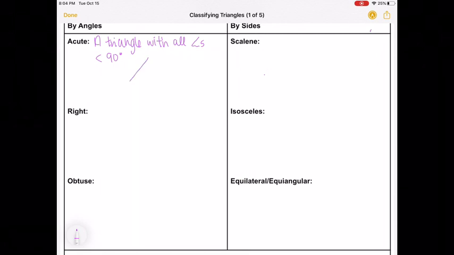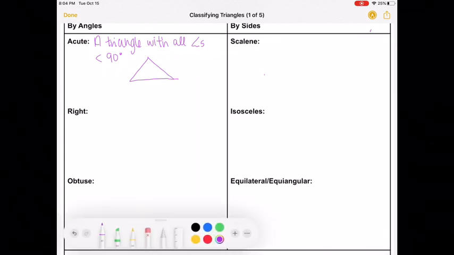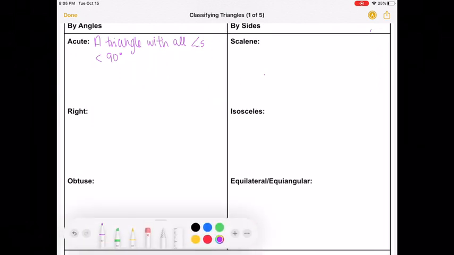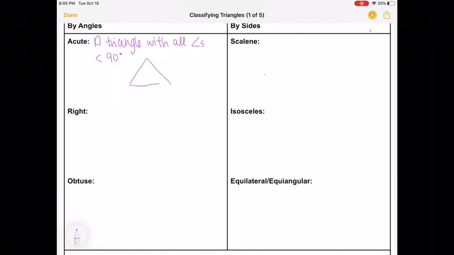So maybe it's like that or something. Oop, went too far there. Hold on. So when you have an acute one, they're all going to be less than 90, not just one of them, okay?